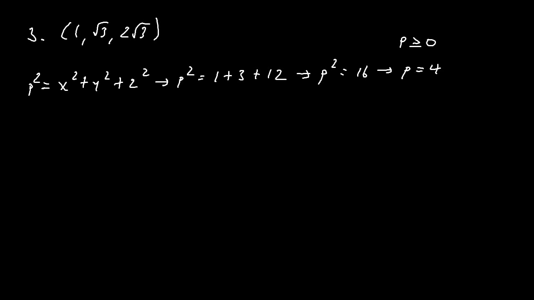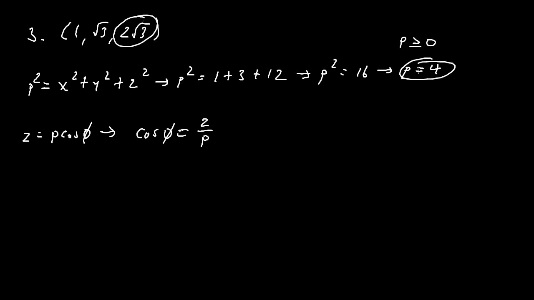Now let's go ahead and find phi first. So remember that z is equal to rho cosine of phi. So what we can do to isolate phi is divide over the rho. So cosine of phi is going to equal z over rho. We know what our z coordinate is, and we know what our rho value is. So we can go ahead and plug those into the equation. So cosine of phi is going to equal z, which is 2 times the square root of 3, over rho, which is 4.